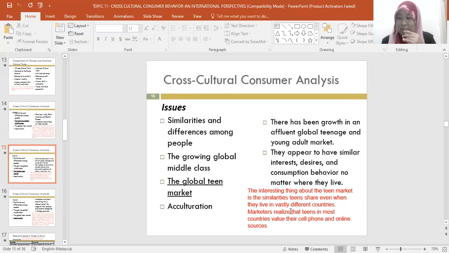Okay, so when we're talking about the teen market, the interesting thing is the similarities they share even when they live in vastly different countries. I am living in Malaysia, you are living in the UK, another friend maybe living in Korea. So we are sharing through what? Social media. So the latest everything that another country is using, we will also use it, even though the timeline might differ, maybe around 1 year, 2 years.